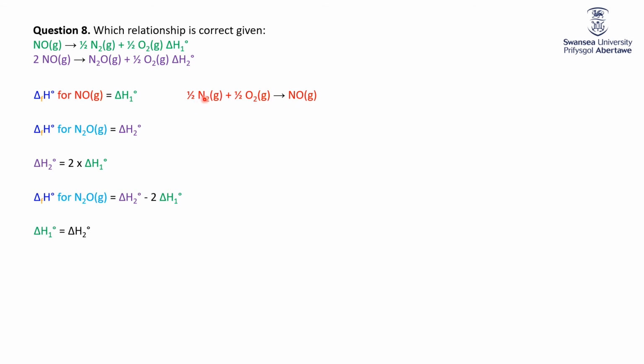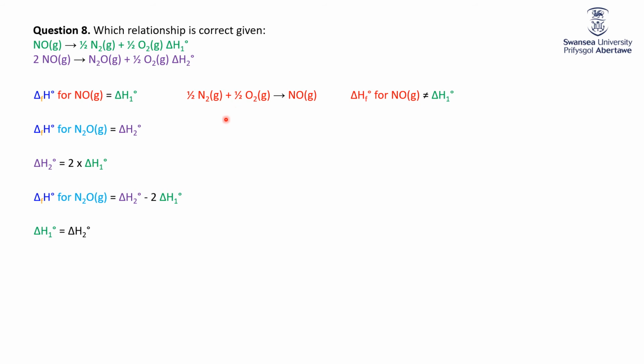Nitrogen's natural state is N2, oxygen's is O2. To balance it, to get 1 mole, you can only have half a mole of N2 and half a mole of O2. Well, that is not this equation here for delta H1. So delta H1 is not the heat of formation for NO.